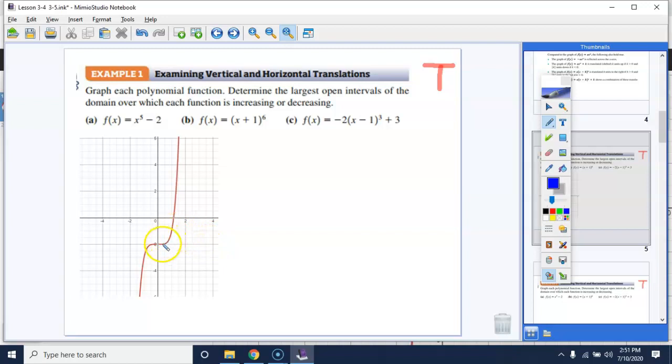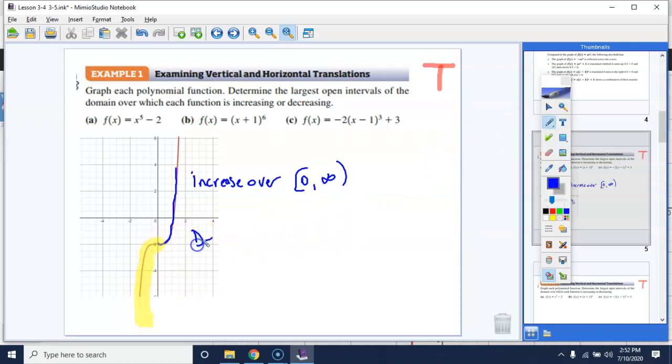So as you see here, guys, this graph has been increasing here, right? So at this point, my domain, which is the x number, is 0. So it increases over 0 to infinity, right? But at the same time, on this side, it has been decreasing, right?